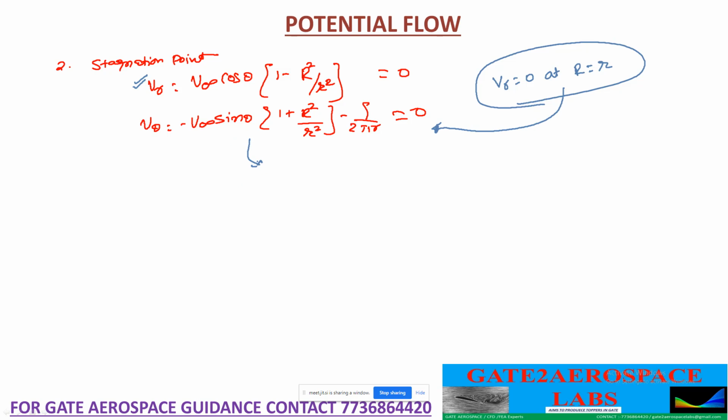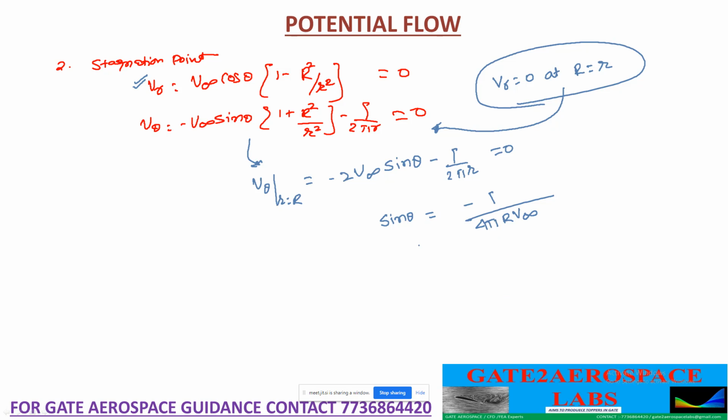So you can write V theta at r equal to R as minus 2 V infinity sin theta minus tau by 2 pi R. Correct? Now this V theta should be equal to 0 to have the stagnation point. In that case, you can write sin theta equal to minus tau by 4 pi R V infinity.